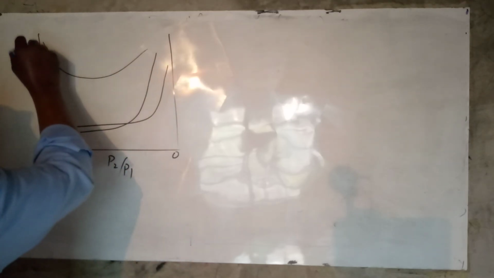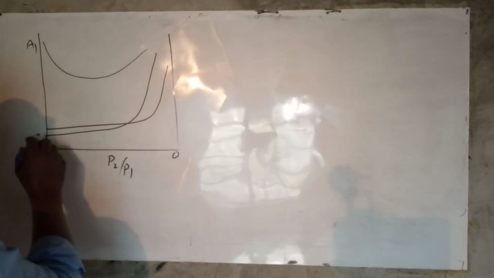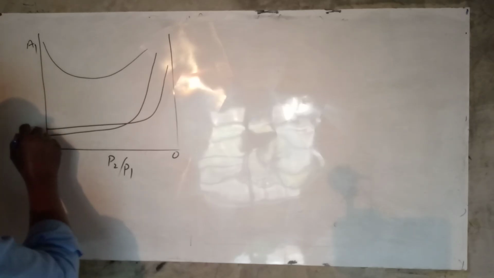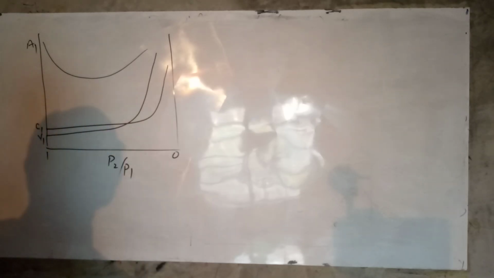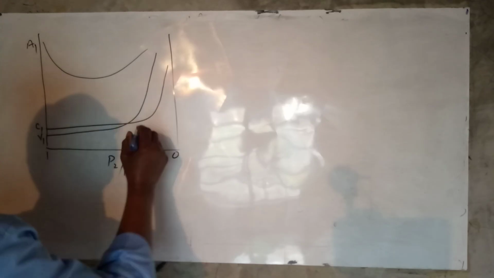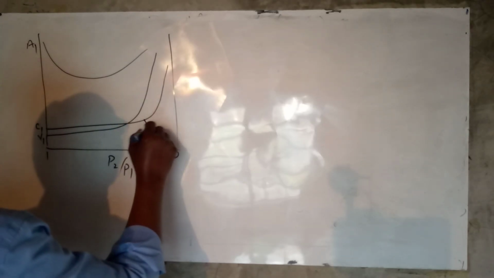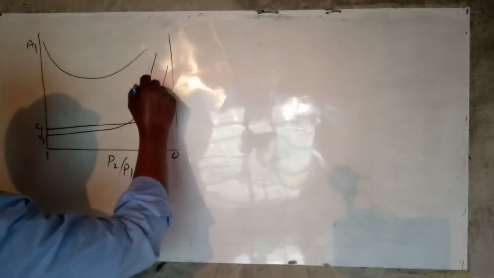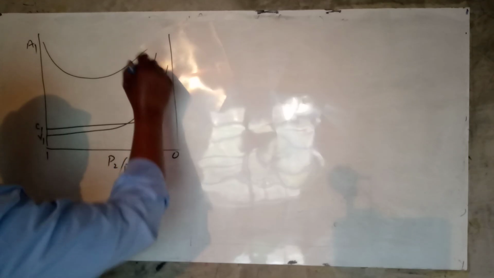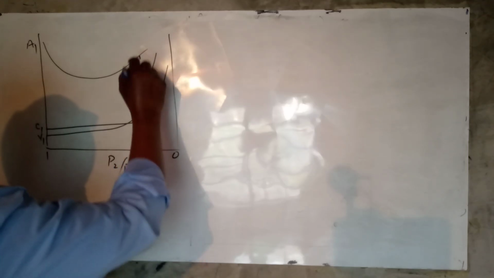Let's call that area A1, and that one for velocity, specific volume V1, and initial velocity C1. This, of course, will be C2. That will be V1. That will be A1. That will be V2. That will be A2.